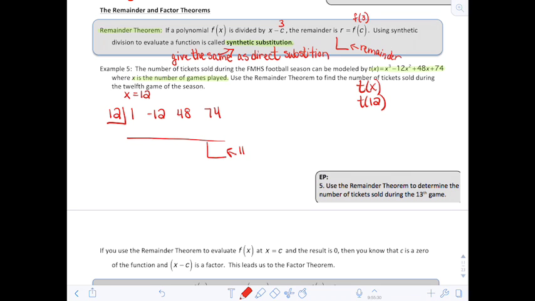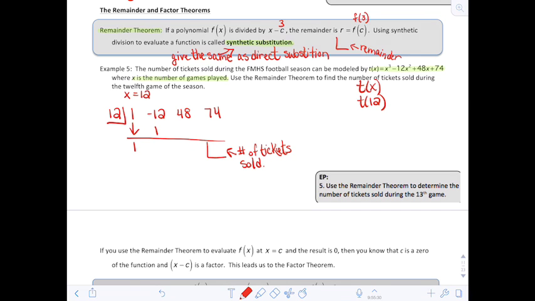So when we get that answer, that will be the number of tickets sold during the 12th game. So let's see that. All of these now represent the answer to a division problem or a quotient, but I'm not looking for that right now. So we need to get to the end though.